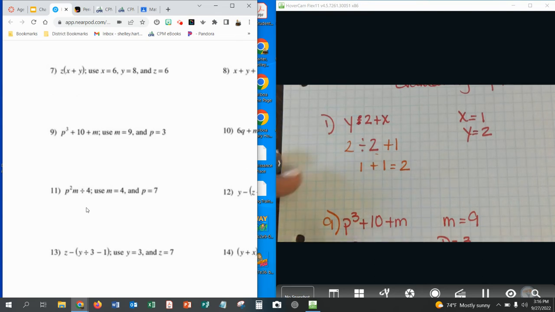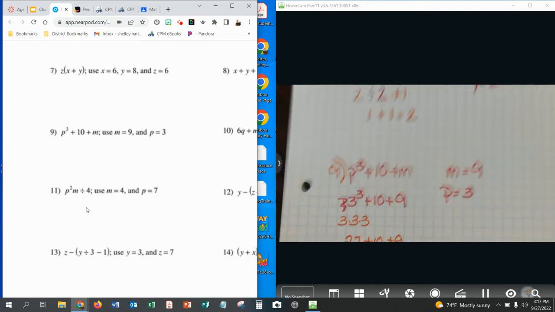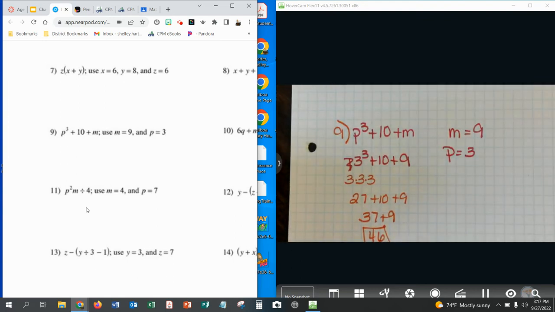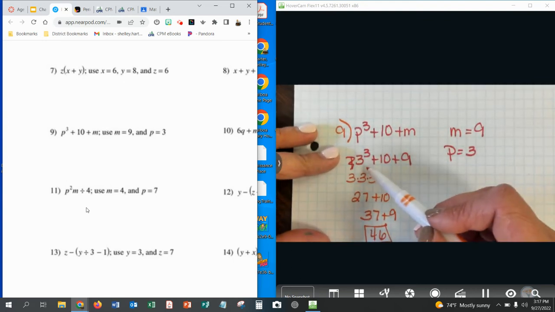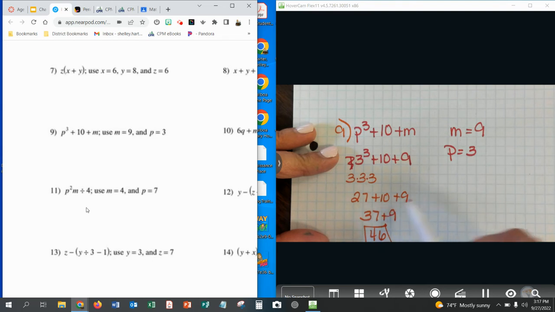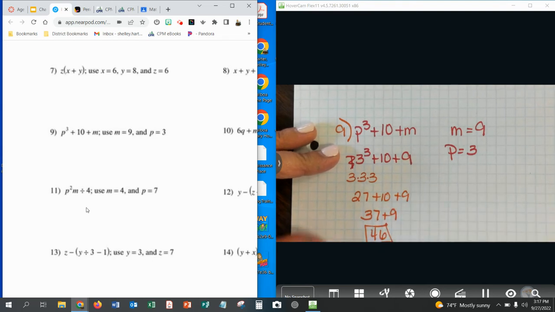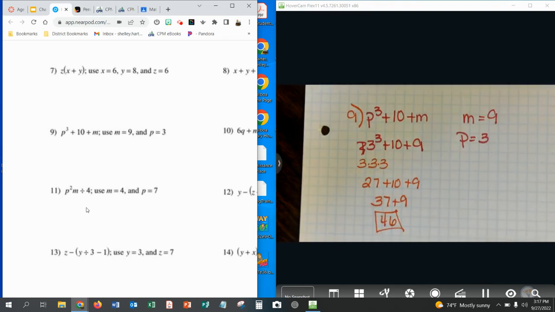The first thing that we need to do is do the exponents, and it's 3 times 3 times 3, which is 27, plus 10 plus 9. So this is going to be 37 plus 9, which equals 46. So that is your answer on this one. Step 1, I plugged in the 3, I multiplied it 3 times, then added 10, and then added 9, and we came up with 46.